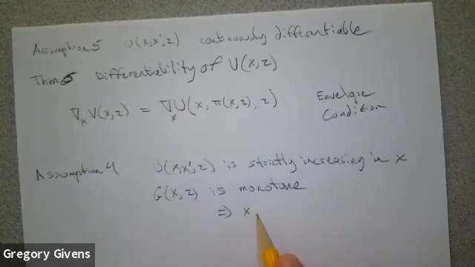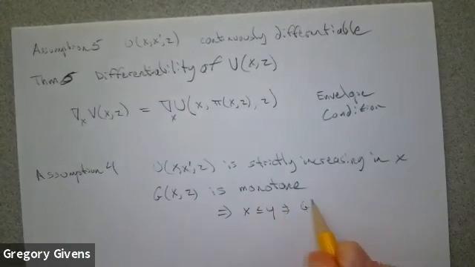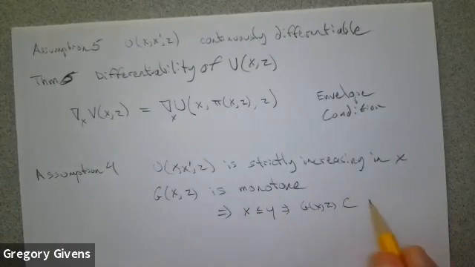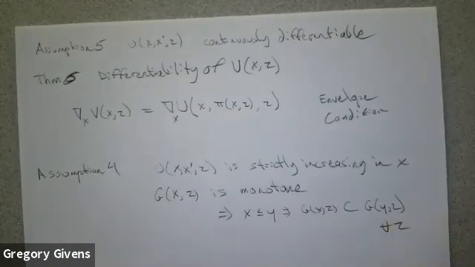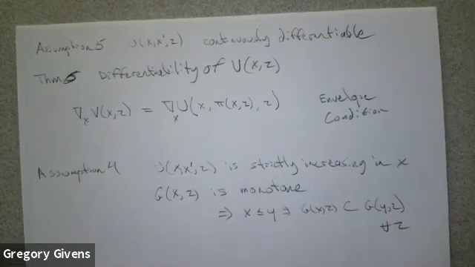Let's say you've got an x that is less than or equal to some y. Then this implies that G of x, z is fully contained in G of y, z for all possible z, correct? So the set determined by y contains the set determined by x, as long as y is bigger than x. That's what it means for the constraint set to be monotone.